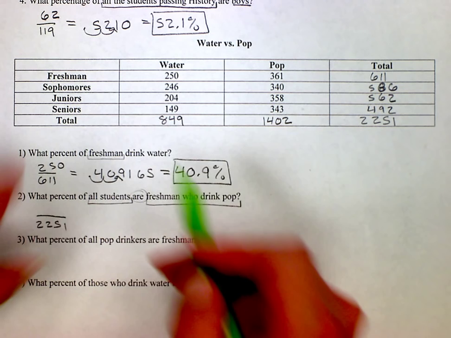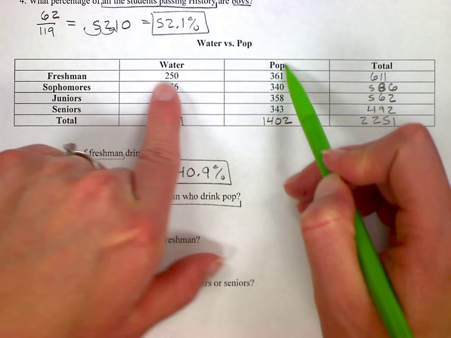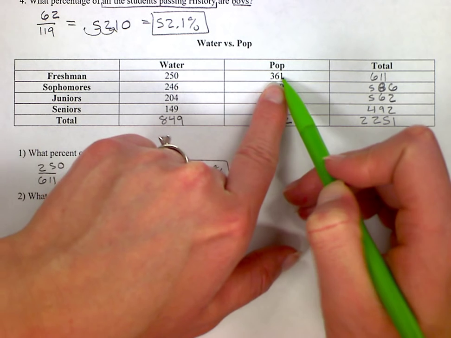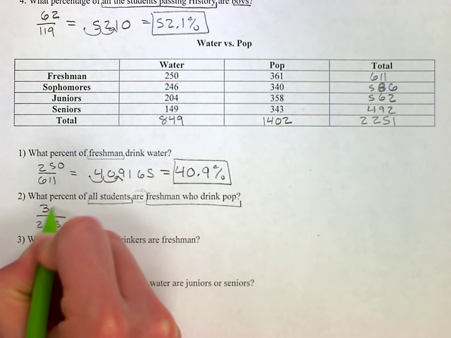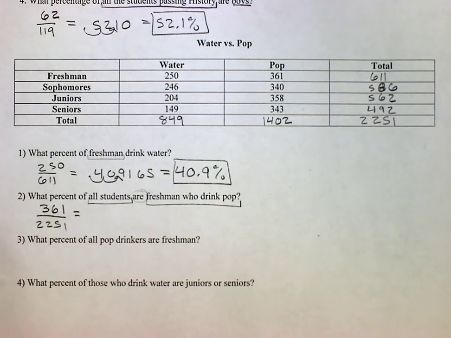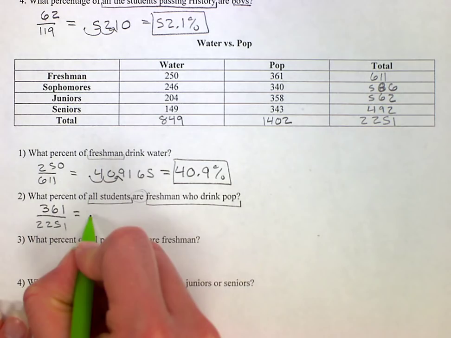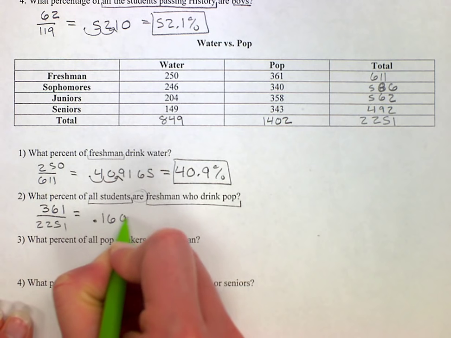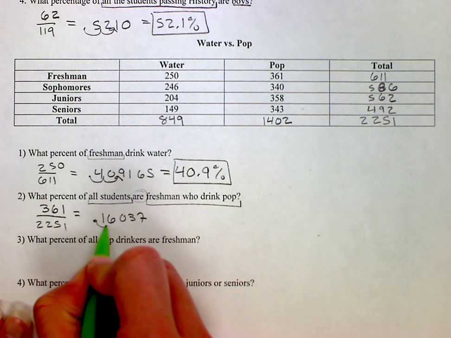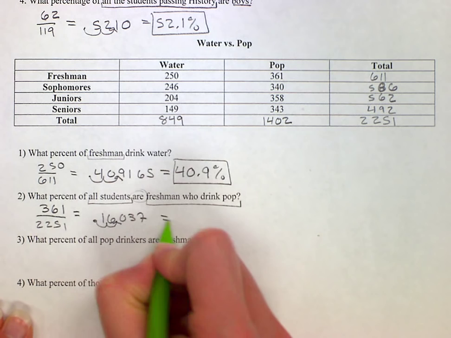That's 361 that goes in the numerator. Then you will divide and get the decimal of 0.16037. Move it 2 to the right, and we get 16.0%.